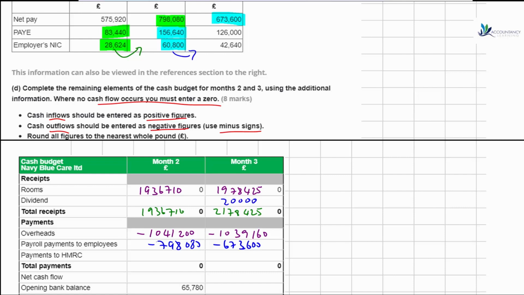So we just need to make sure we take that from the right months. So in month 1, we pay 83,000 and 28,000 to HMRC, but we pay that in month 2. So that's a total of 112,064. Those 2 numbers. And then in month 3, we pay the tax collected in month 2.